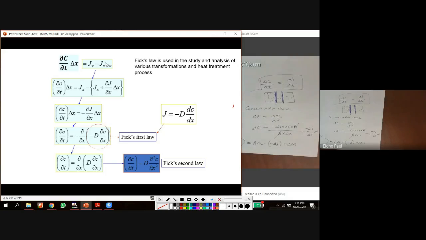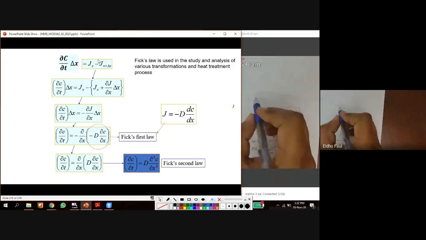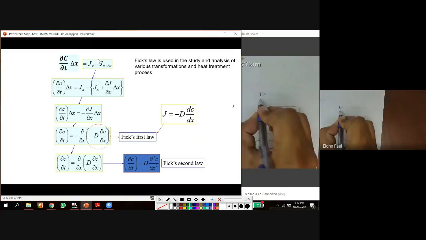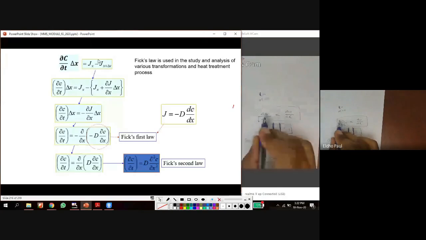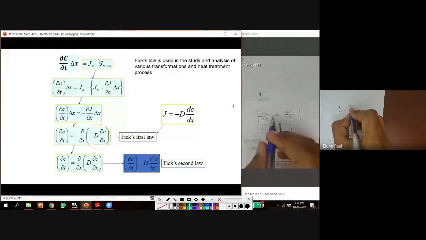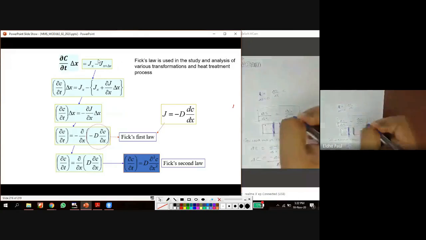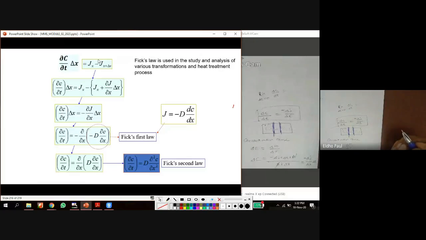Okay, and next I'm going to apply the limit to this equation. Here in this equation, limit delta t tends to 0 of delta C by delta t equals, here we have a minus sign. I forgot to give the minus sign. We have a minus sign here.